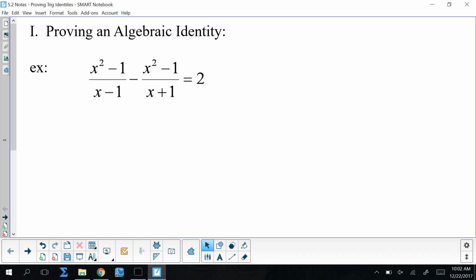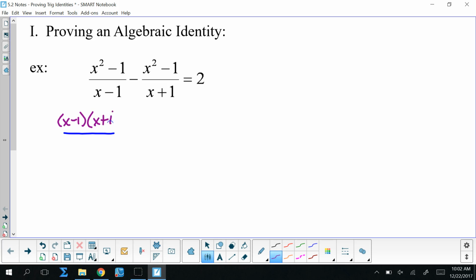So I could look at this and I could say, well, in this first fraction, x squared minus 1 is x minus 1 times x plus 1.